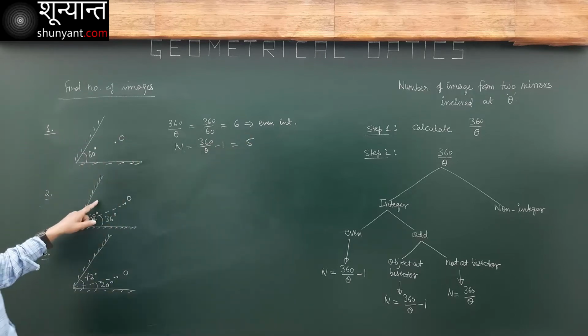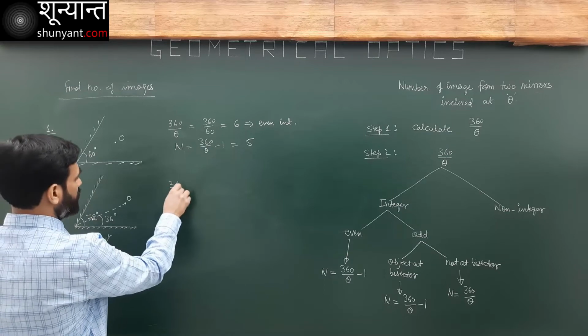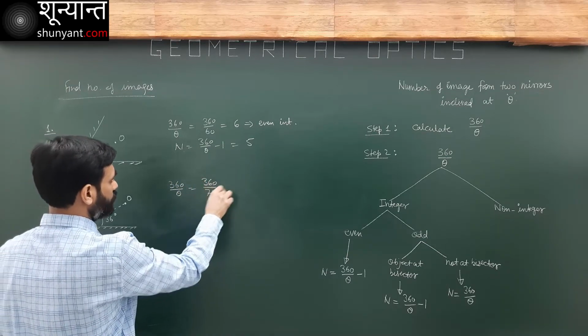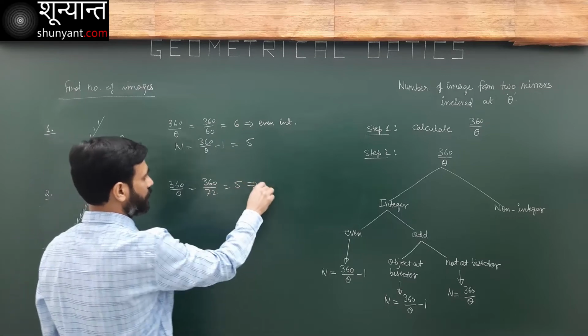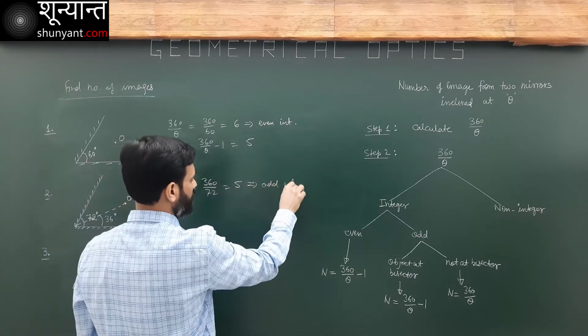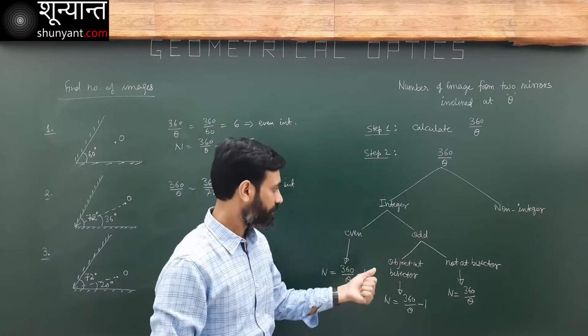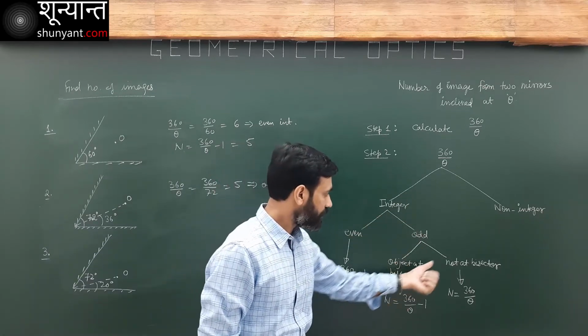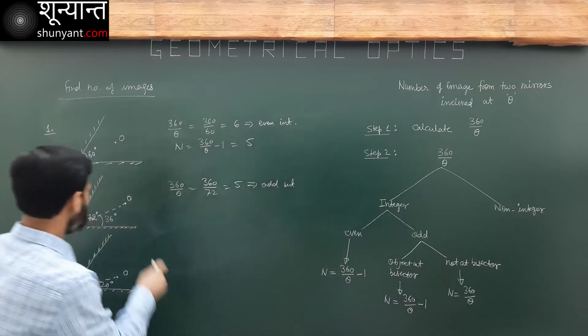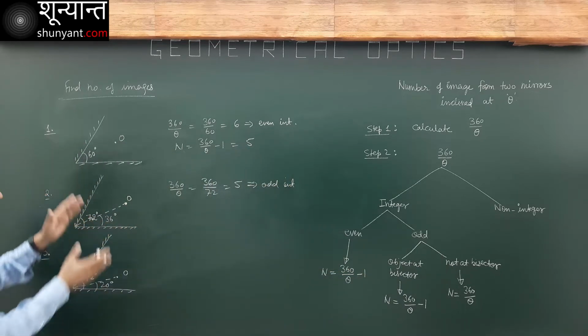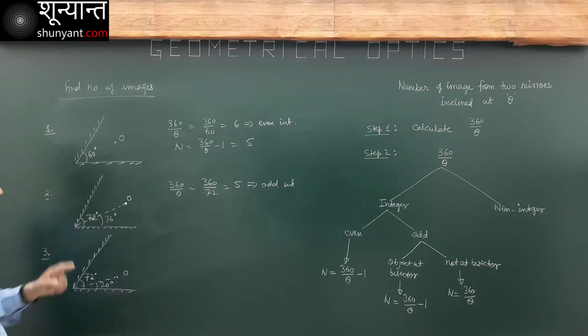Here, 360 over theta is 360 over 72. This becomes 5, an odd integer. Now, in odd integers, we have two more options: object at bisector, not at bisector. This object is kept exactly between the mirrors, 72, 36. That is the meaning of bisector.